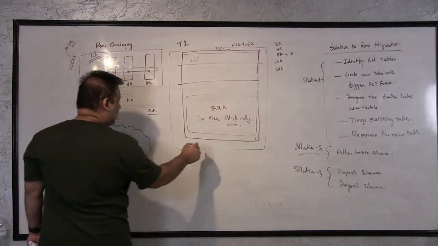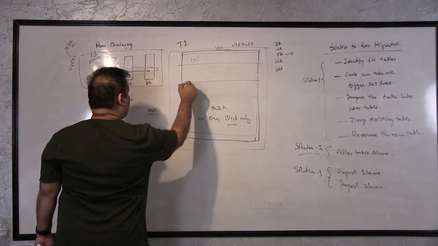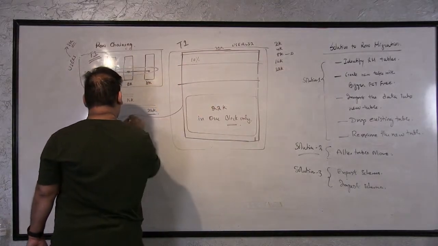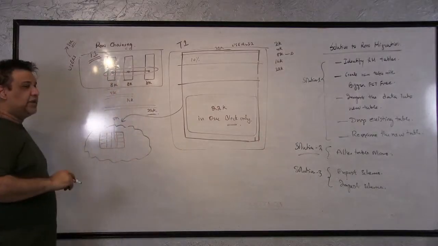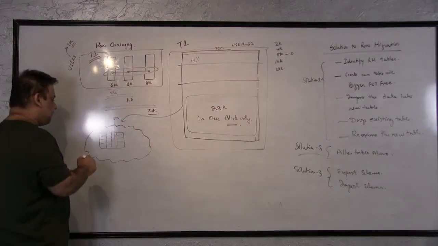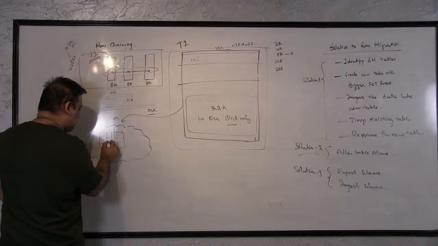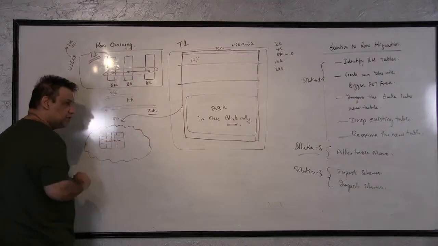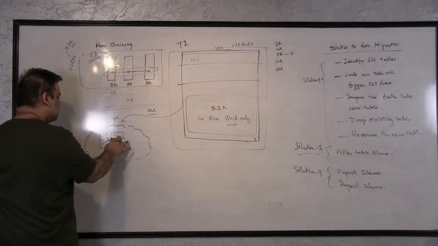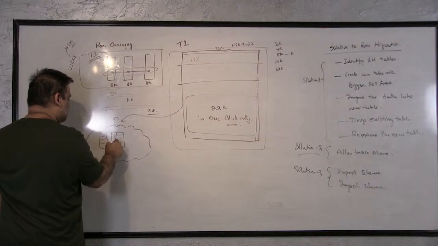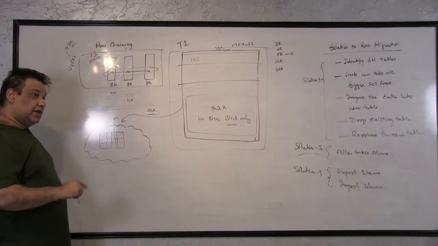What if I have to fit this entire 32K block in here? Do you think my buffer will take that? Now I have not just the row chaining problem, but the buffer chaining problem will get introduced with this. Oracle says, no, you cannot do that. Once it is created, it is created.